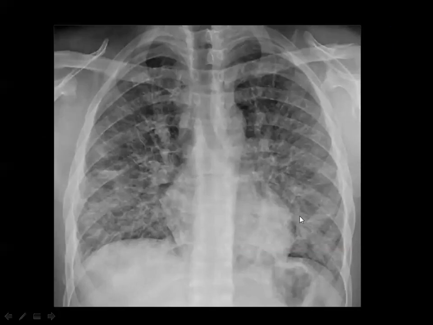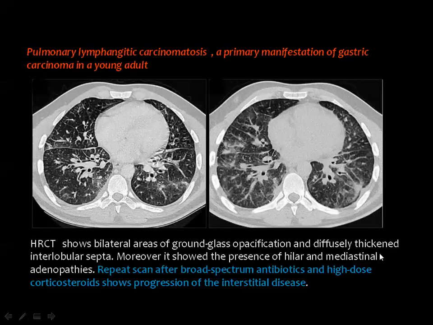This is another case where you can see many interstitial opacities as well as ground glass veiling, and this is the high resolution CT of this patient with gastric carcinoma. On the initial scan, you can see ground glass veiling and interstitial opacities with thickening of the interlobar fissures.